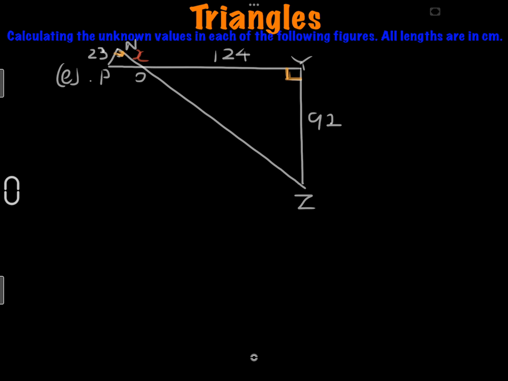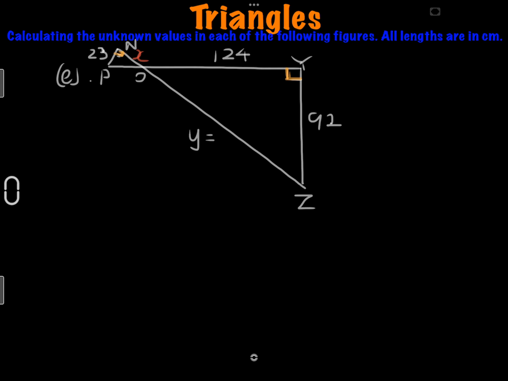Because this side is opposite angle Y, I can just simply call it side Y.